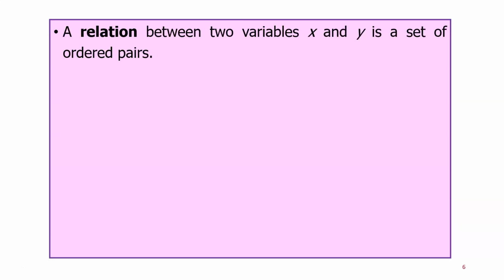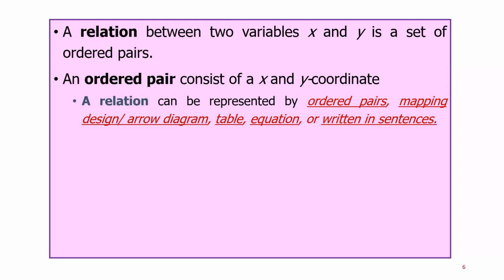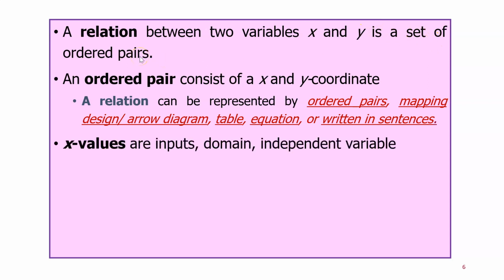So let's see. A relation between two variables x and y is a set of ordered pairs. Hubungan antara dua variable x dan y adalah a set of ordered pairs. Okay, an ordered pair consists of an x and y coordinate. So kita ada dua coordinate dalam relation.